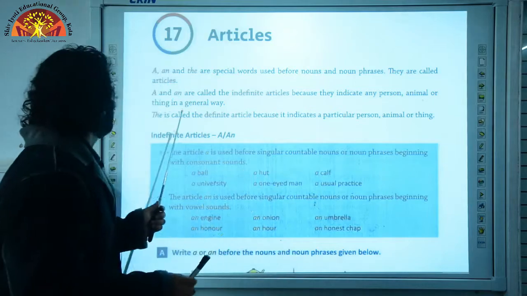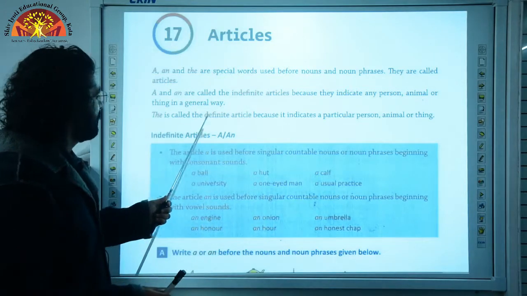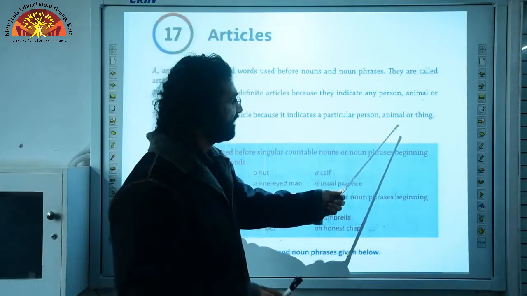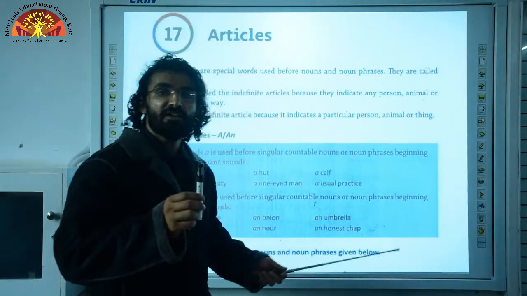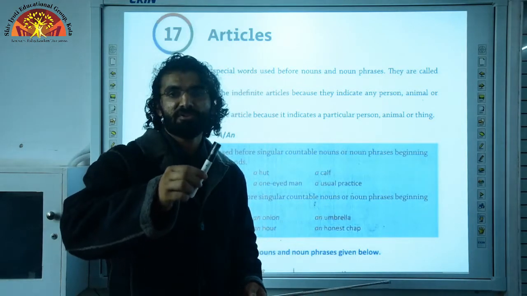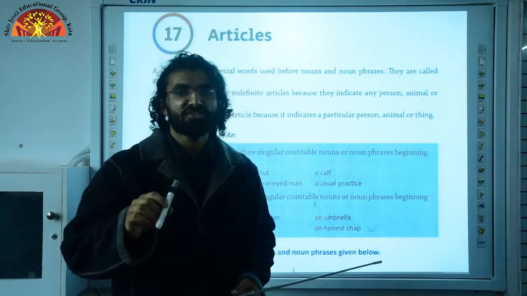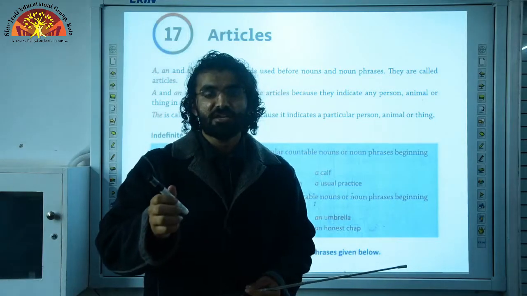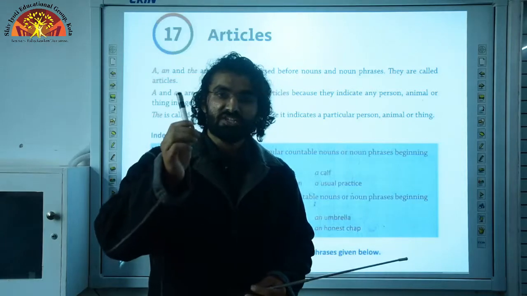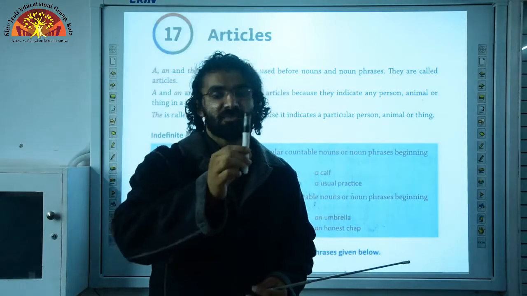Okay, the is called the definite article because it indicates a particular person, animal or thing. Okay, the is used to indicate or to talk about things, animal or person in particular. When we mention a particular person, thing or animal, we use the. Like I mentioned, this is the marker my grandfather gave me.